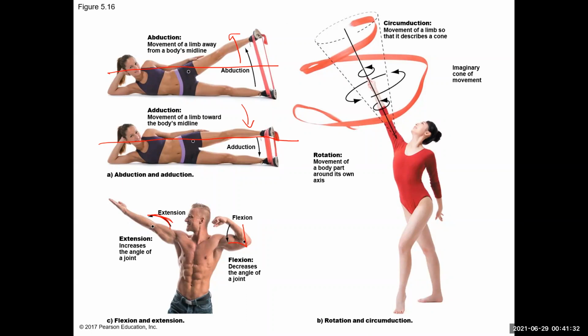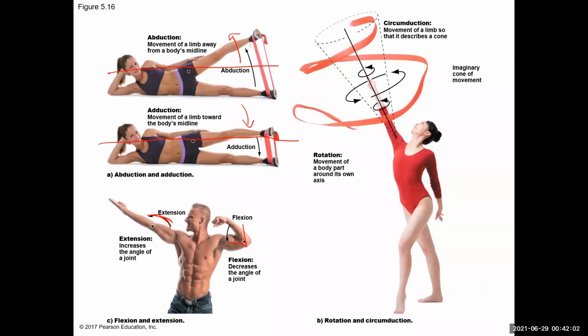And then we have two other types of movement, rotation and circumduction. The way you can think about this is rotation is if you rotate around an axis. So for example, if you hold your arm straight out and you move your arm on the same plane, but you're just rotating your wrist.